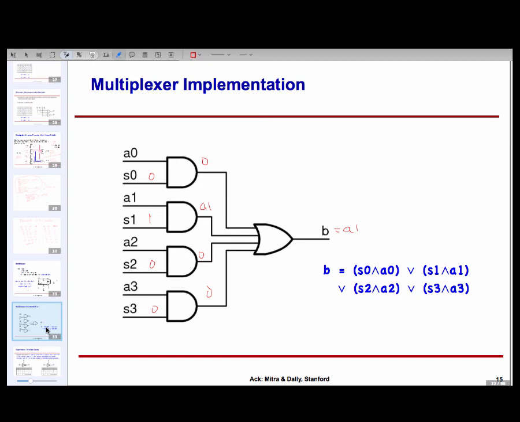So let's imagine I do want to create a 2-bit multiplexer out of this. Bit number 0 can go out here, and then I will make another copy of the same hardware.